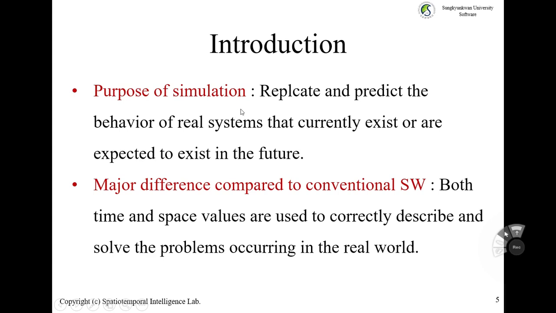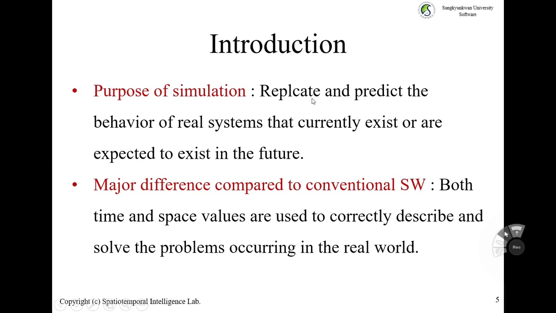In summary, it can be explained as written here. The simulation software replicates and predicts the behavior, or the behavior can be described as activities or events, of real systems that currently exist or are expected to exist in the future.